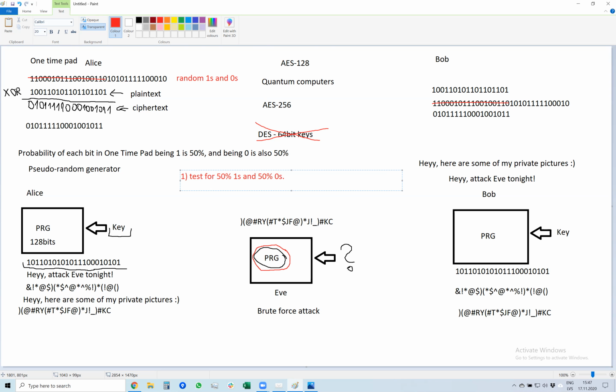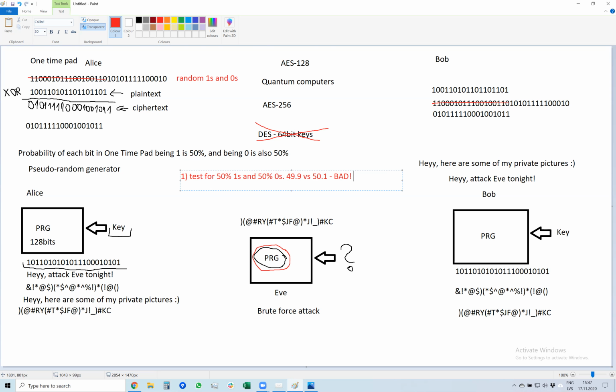Even something like 49.9% versus 50.1% is bad because it gives too much information to the hacker.